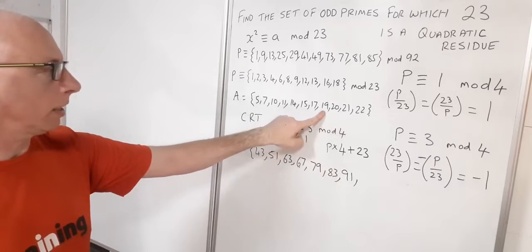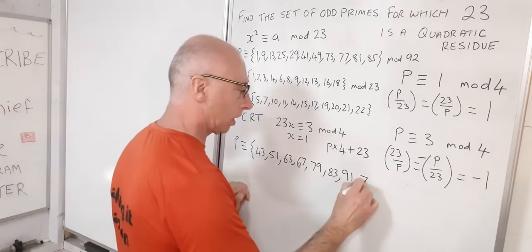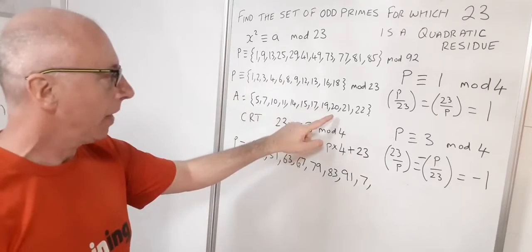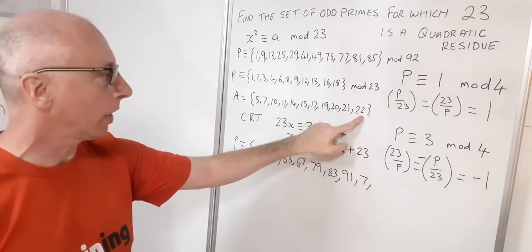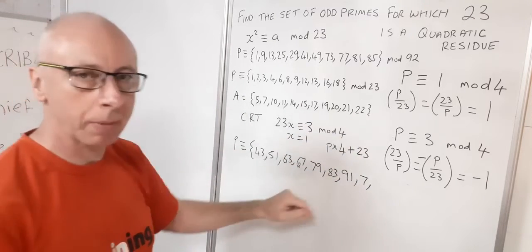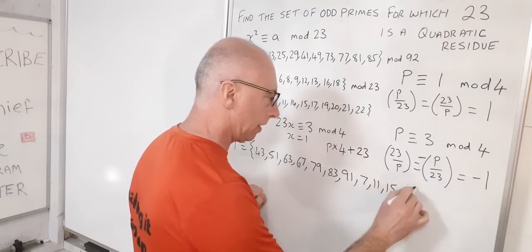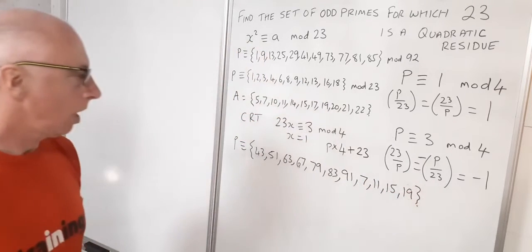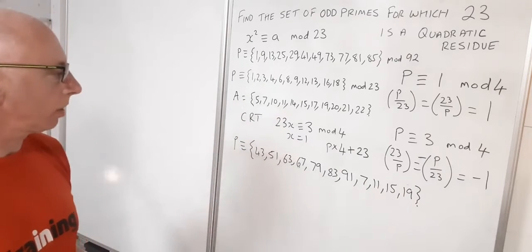So 19 4s are 76, plus 23 is 99, so that's going to give me 7. And then all of these are increased by 1, so we just need to keep on adding 4 until we get to this one. So the next 4, just keep adding 4. So we've got 11, 15 and 19. Okay, so that's our set P for our prime numbers modulus 92 here.